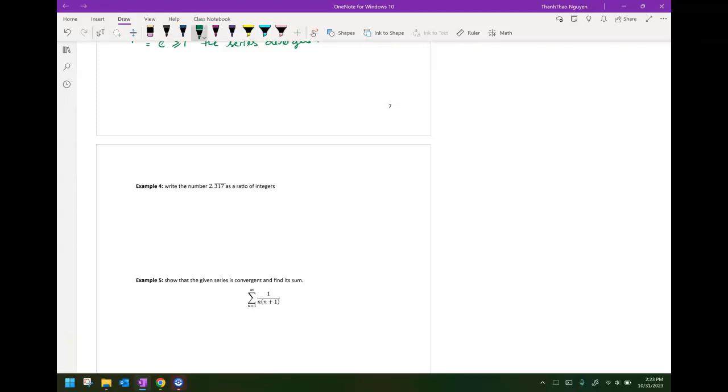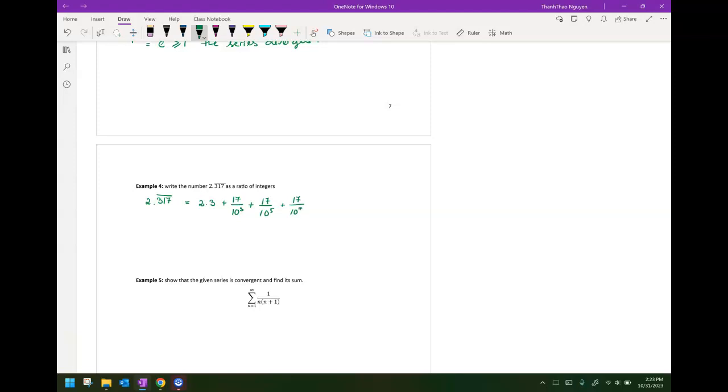Okay, so I can rewrite this as 2.3 plus 17 divided by 10 to the third plus 17 divided by 10 to the fifth plus 17 divided by 10 to the 7.